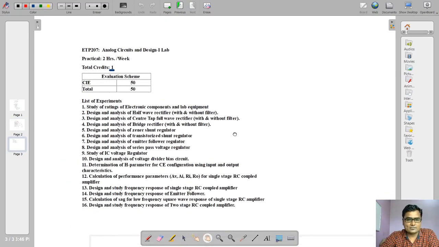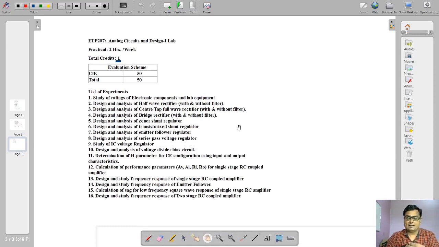Look at this. This is the lab session, and the course code for the lab session is different. If you have observed, the course code is ETP202. It is ETP, P stands for practical.